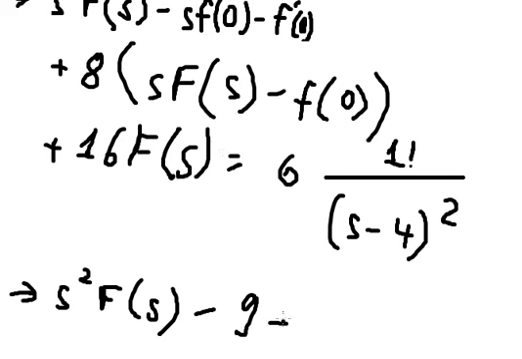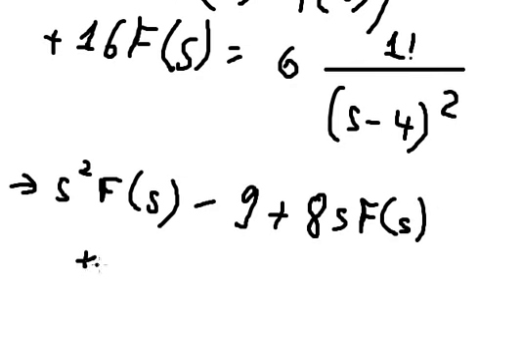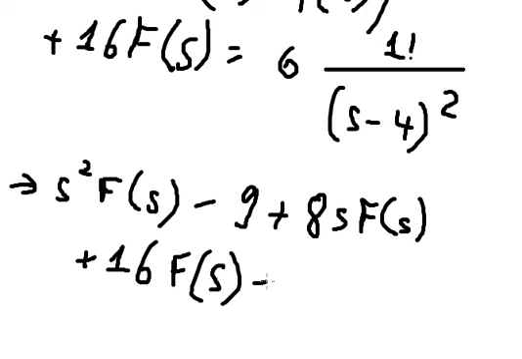This one we have positive 8s capital F of s. This one we have 16 capital F of s. This one we have 6 over s minus 4 to the power of 2.